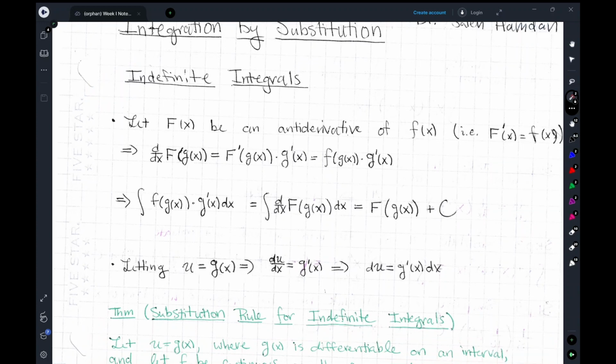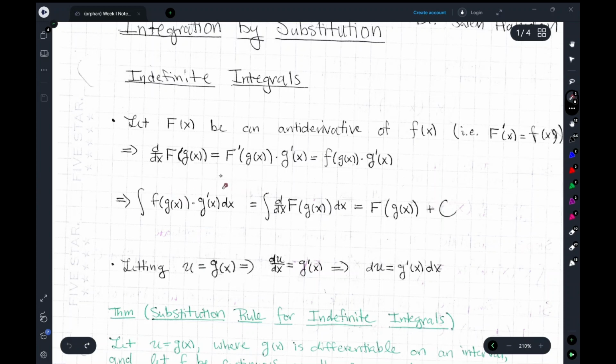So suppose you have capital F of x being an antiderivative of lowercase f of x. In other words, you take the derivative of capital F of x and you get lowercase f. Now, suppose we plug in a function g of x into capital F of x and we take the derivative.